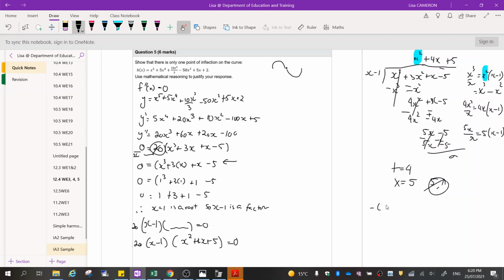Negative b plus or minus the square root of b squared minus 4ac, all over 2a. Now, the whole point of this formula here is really this part underneath. This is called the discriminant, and it helps us know something.